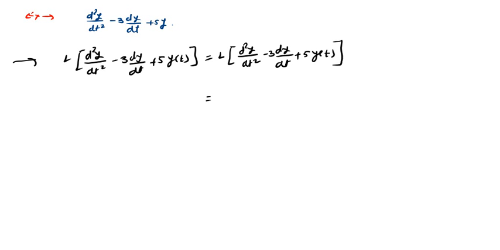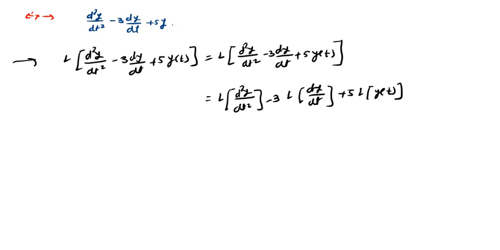Applying Laplace over every term by the linearity property, this will be L of d2y by dt square minus 3 L of dy by dt plus 5 L of y of t.